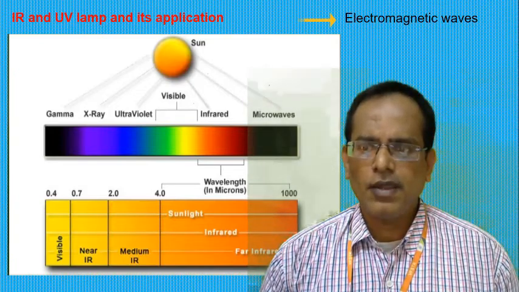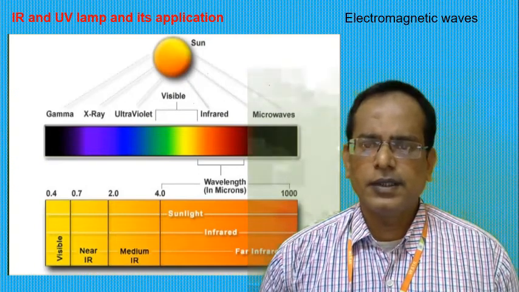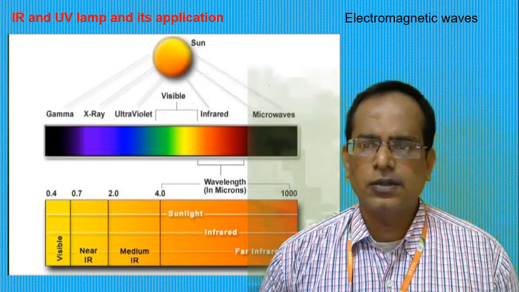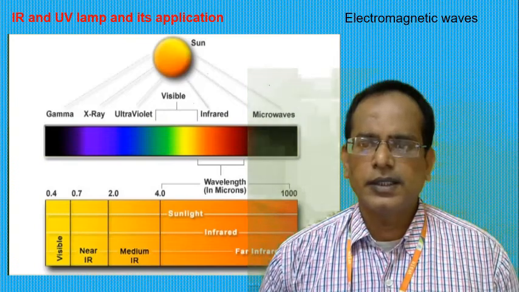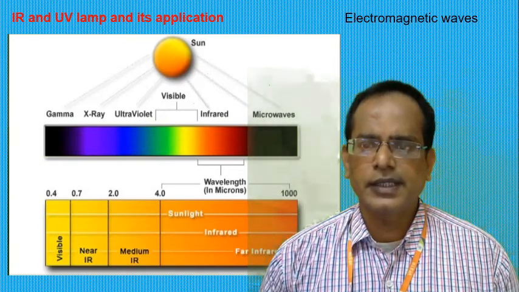Infrared rays are electromagnetic waves. These electromagnetic waves lie between visible light and microwaves.